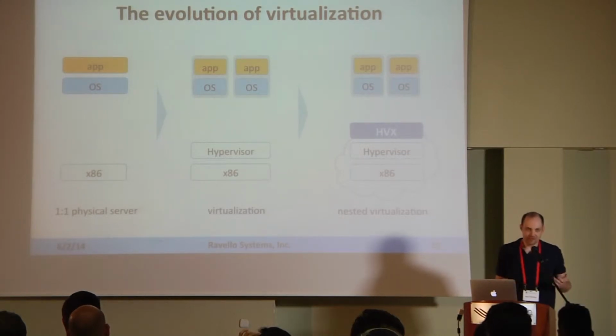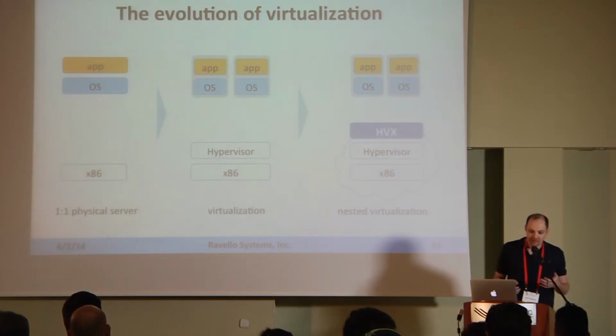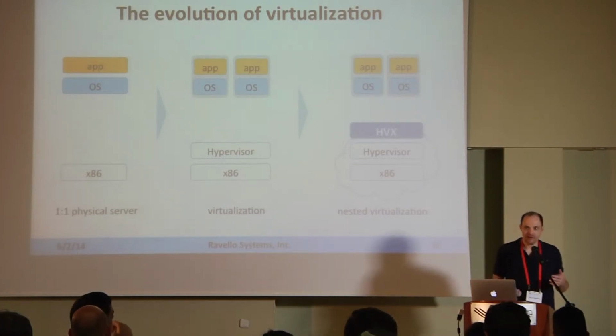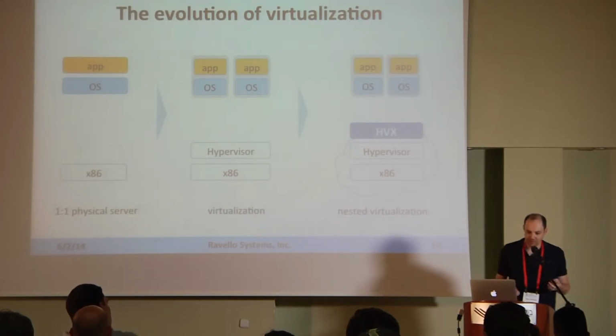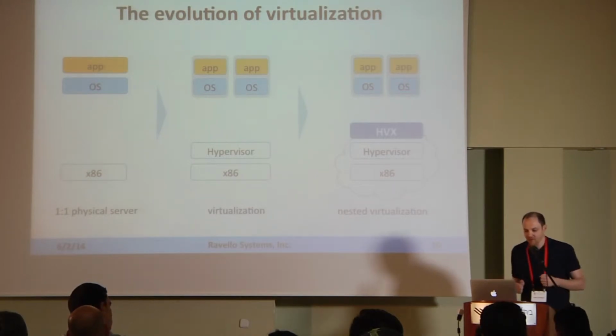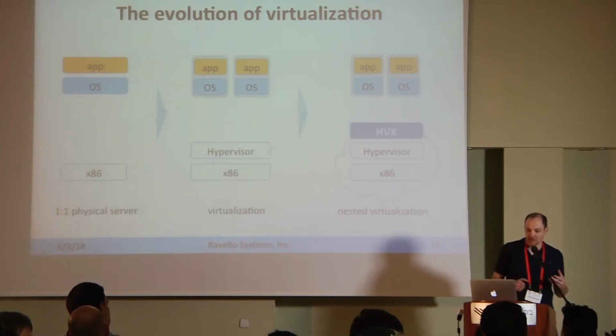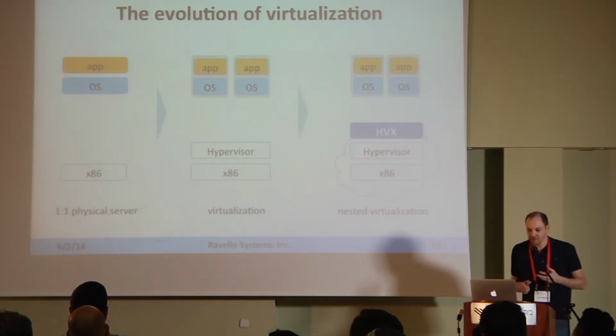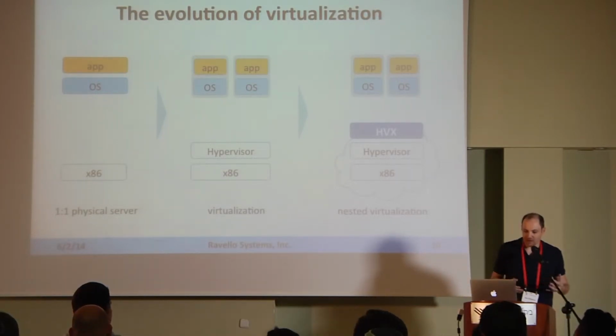You have x86 hardware, then you have a hypervisor that drives this cloud. For example, on Amazon EC2 you have Xen as the hypervisor of choice. The hypervisor enables you to run multiple virtual machines on top of one single x86 hardware. This is the state of the cloud today.